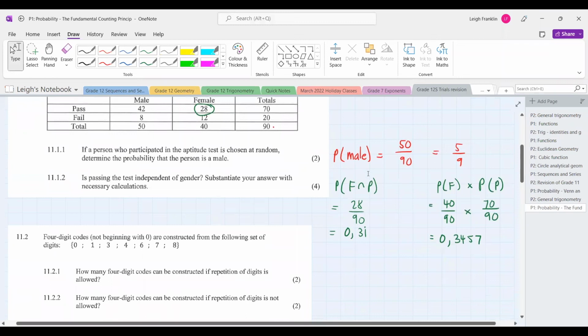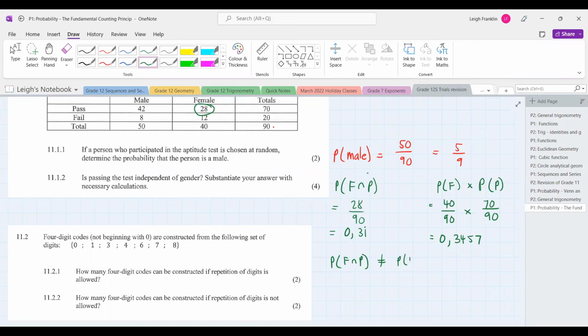The probability of someone being female and passing does not equal the probability of being female multiplied by the probability of passing. So is passing the test independent of gender? It is not independent of gender.